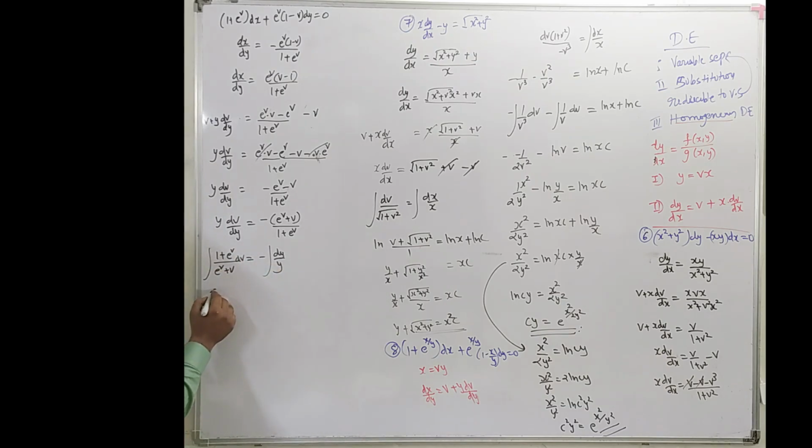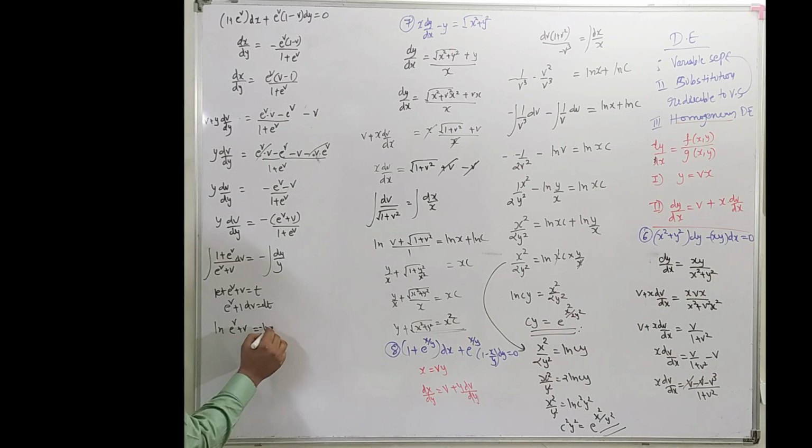So here we'll use assumption that e to the power v plus v equal to t. So e to the power v as it is, differentiation dv will be equal to dt. So this will get converted as ln e to the power v plus v is equals to minus ln y, right, plus ln c. You can also even take minus ln c if you want.